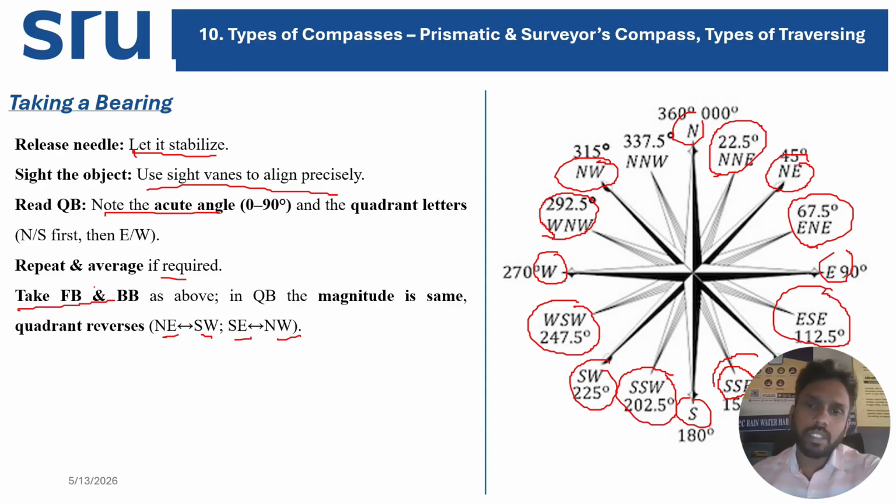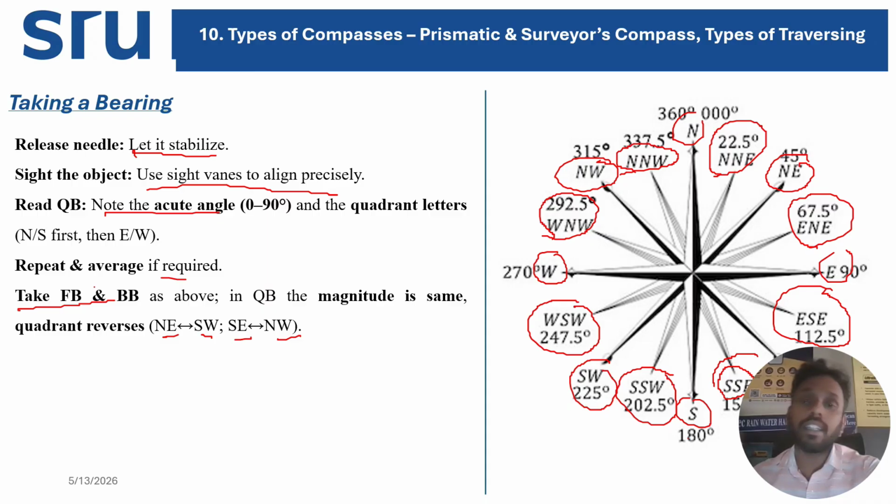So the next one is the direction between northwest and north, which is north northwest, because this direction is aligning towards your north. So totally how many directions are there? 1, 2, 3, 4, 5, 6, 7, 8, 9, 10, 11, 12, 13, 14, 15 and 16. As I said, there are 16 directions.